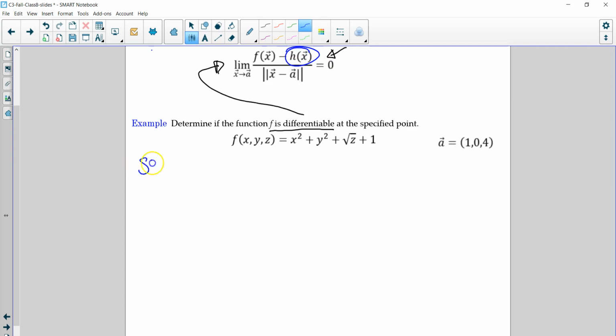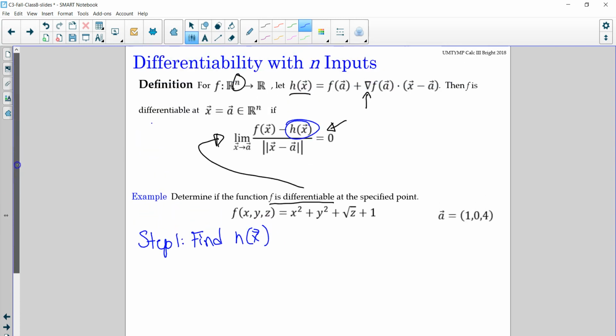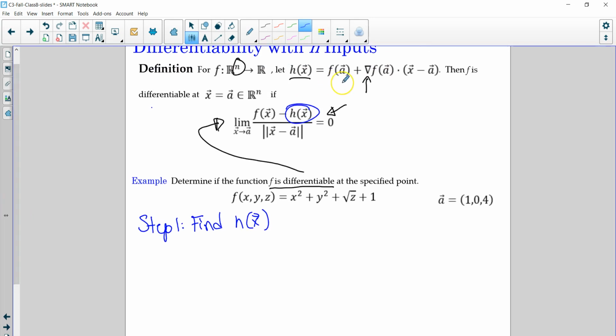So step 1: find h of x. That's actually going to be a little bit of a long process, since I need to find the function value at that point.